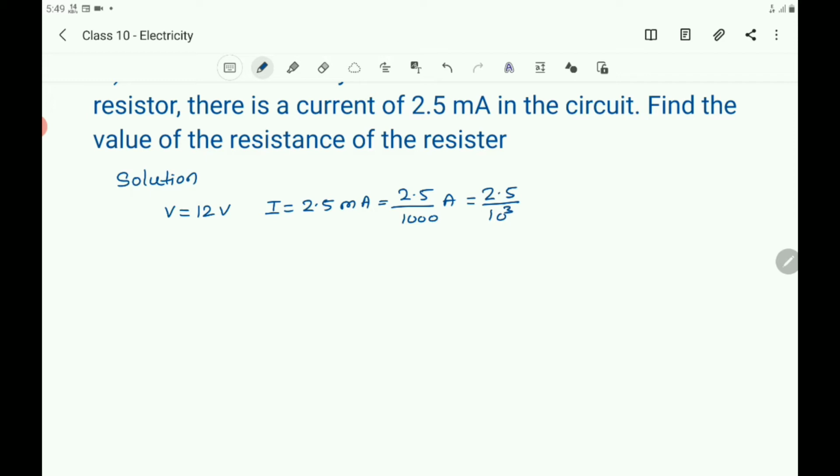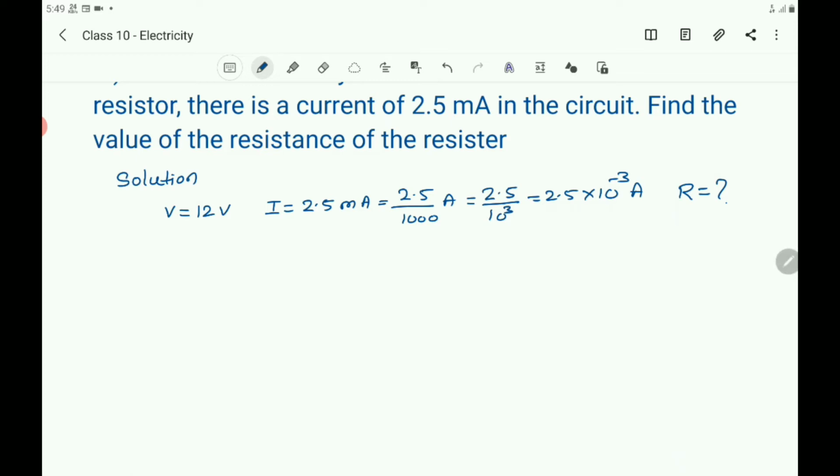So it is 2.5 into 10 to the power of minus 3 ampere. Now what you have to find out? R equals question mark. Resistance of the resistor is to be found out.